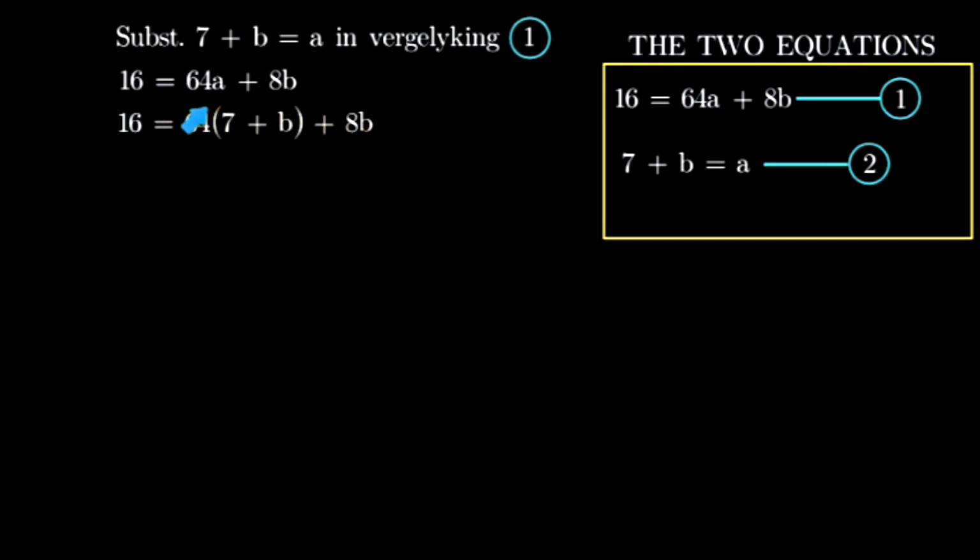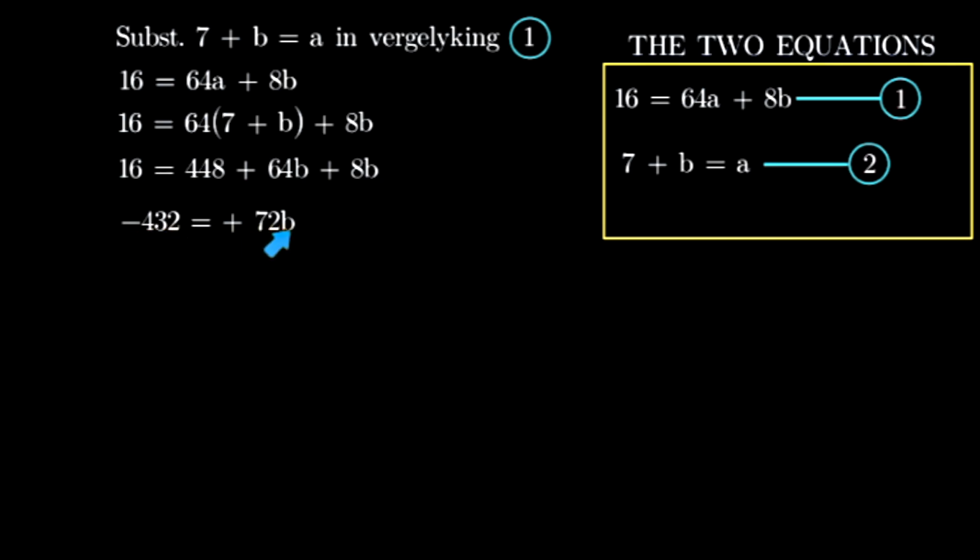Then I do the distributive law, and we end up with 16 = 448 + 64b + 8b. Now 64b + 8b gives us 72b, and this 448 goes to that side and becomes -448, and 16 - 448 gives us -432.